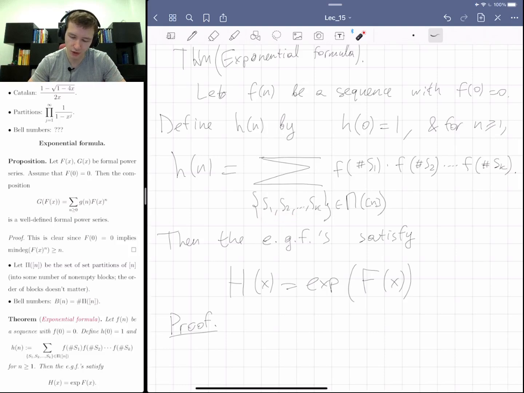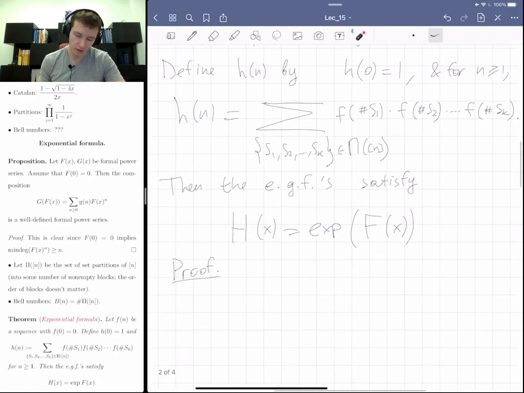Well, they have to be unordered because you apply the same task to each of them. If these f's were different, you wouldn't know which task applies to which block, because the blocks are unordered. Anyways, it's a very natural formula, I think.